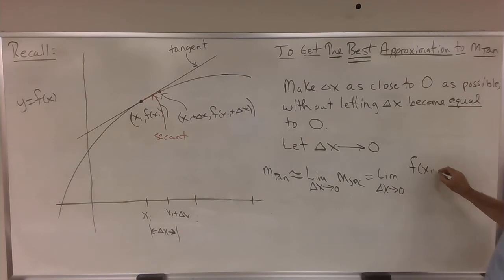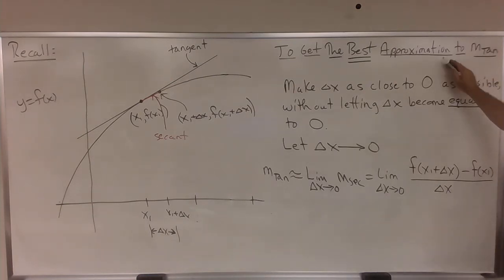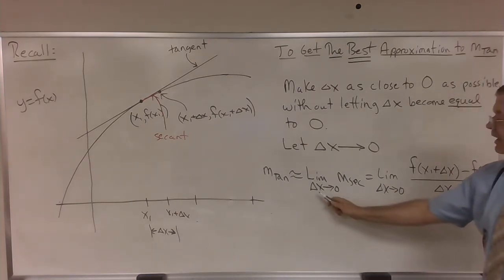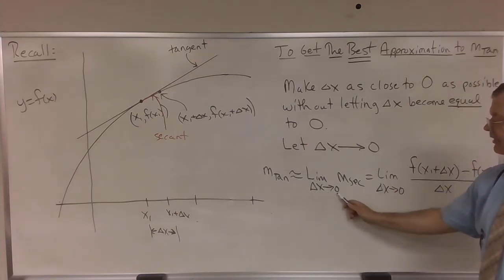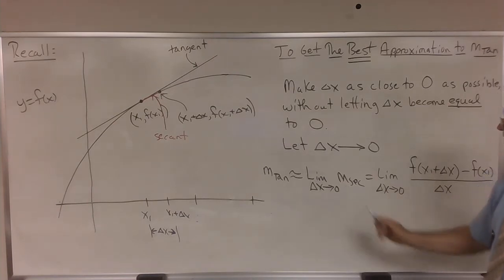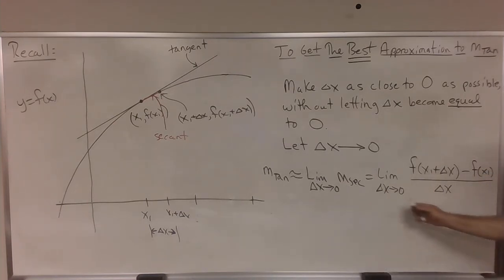Remember, this is what the slope of the secant actually was. So that's it. To get the best approximation to the slope of the tangent possible, we compute the limit as delta x goes to 0 of the slope of the secant, which is the limit as delta x goes to 0 of this thing.